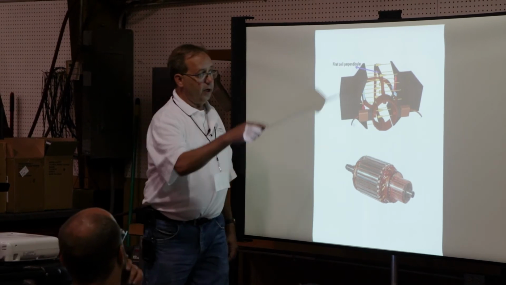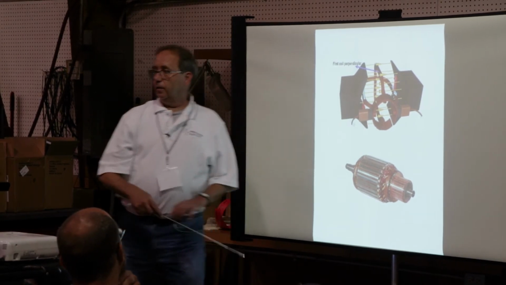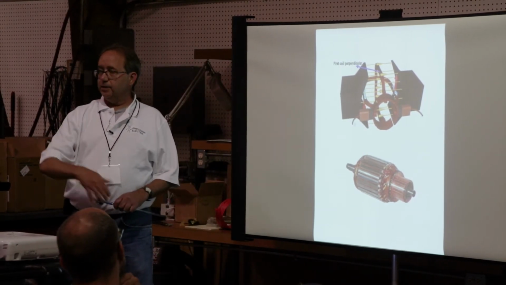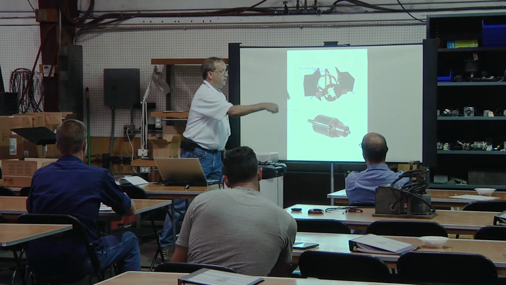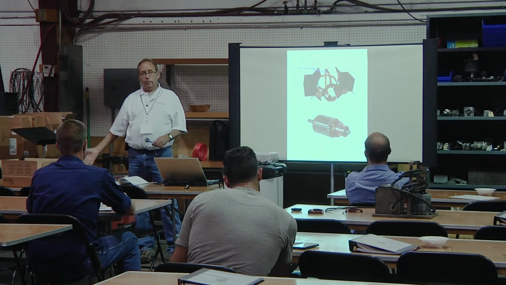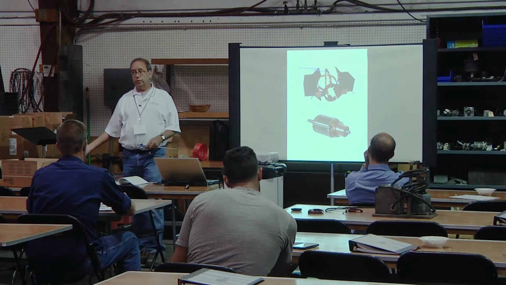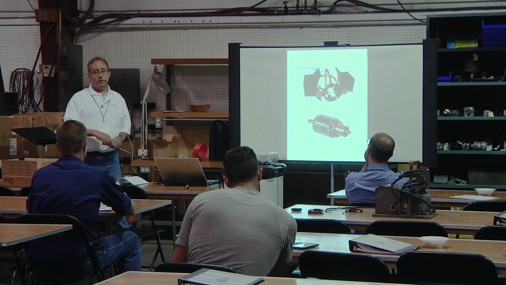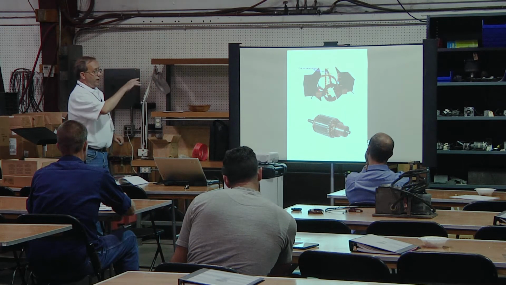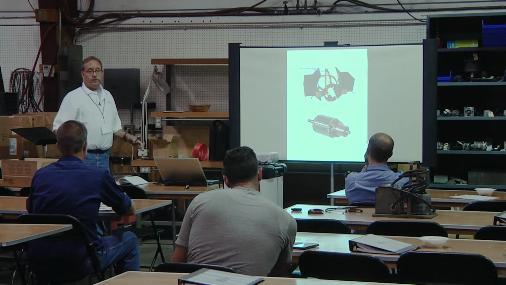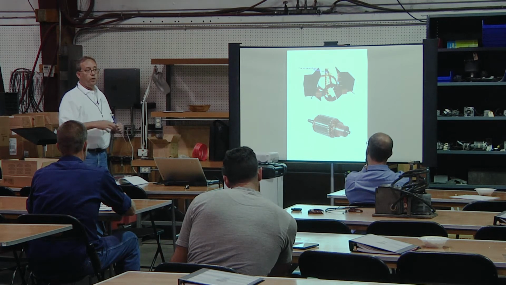Now in the meantime, we got all these other coils in there that are doing what? They're spinning inside of this field, right? And what's happening? We're inducing voltage into those coils. So as those coils that aren't connected to the brushes are rotating within that field, we're inducing an actual AC voltage into those coils.